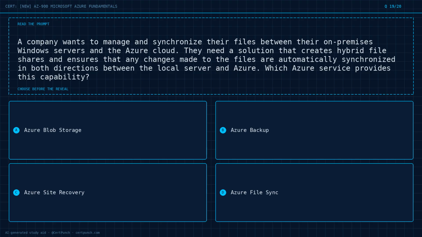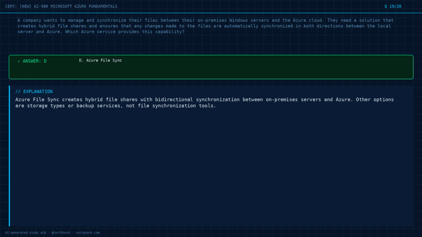Option D, Azure File Sync. Choose the best answer before the reveal. Commit to it now. The answer is option D. Exam logic. Azure File Sync creates hybrid file shares with bidirectional synchronization between on-premises servers and Azure. Other options are storage types or backup services, not file synchronization tools.